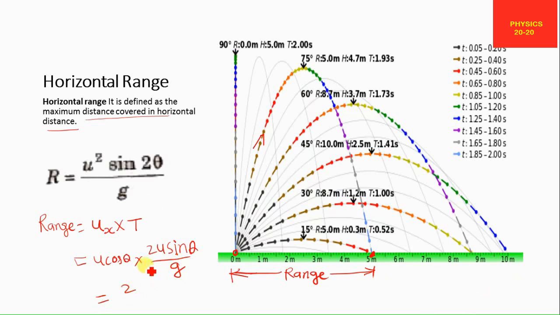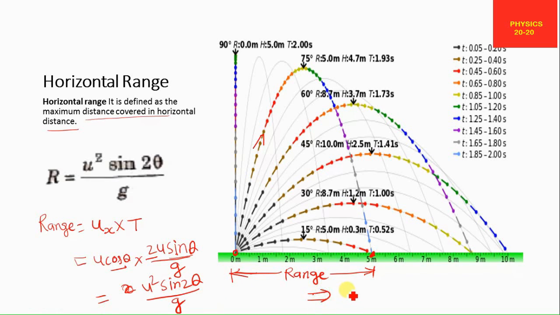Then you can write here 2 sin theta cos theta, which is sin 2 theta. So the range is equal to u square sin 2 theta by g.